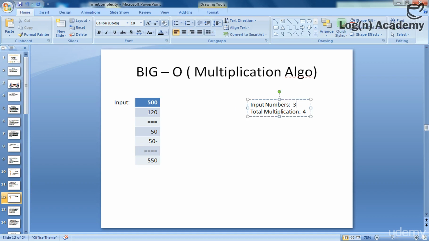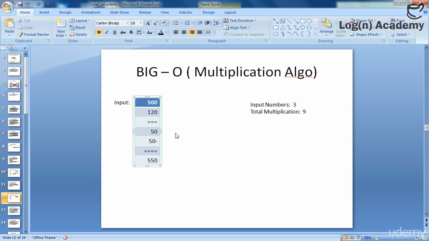So 0 will be multiplied by 500, 2 will be multiplied by 500, and 1 will be multiplied by 500. So the total multiplications will be 9, right?